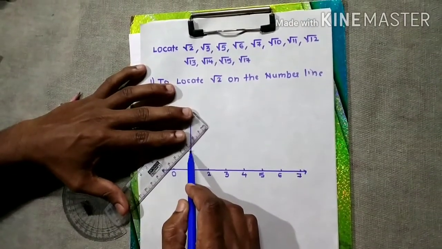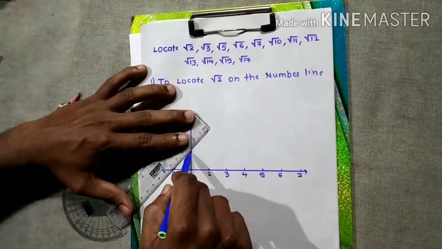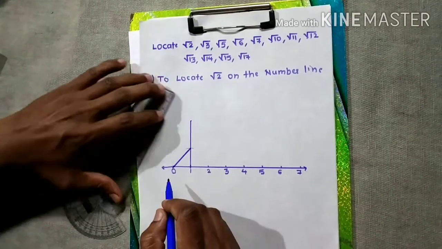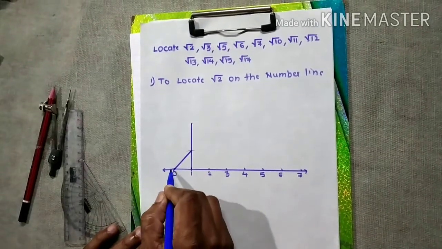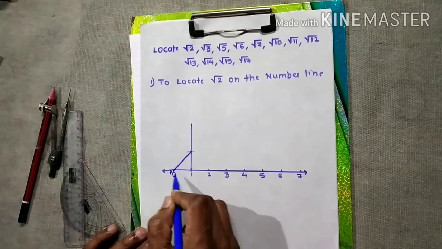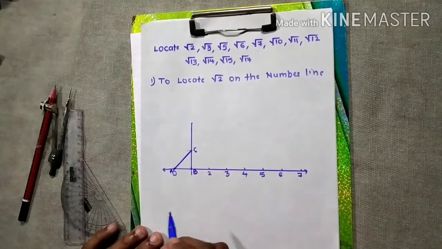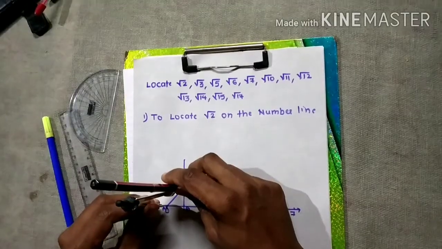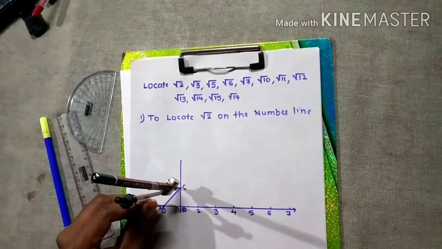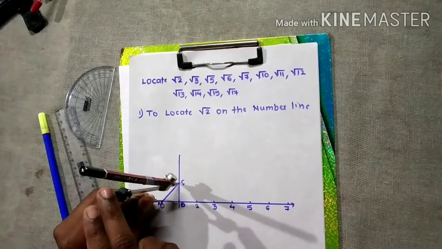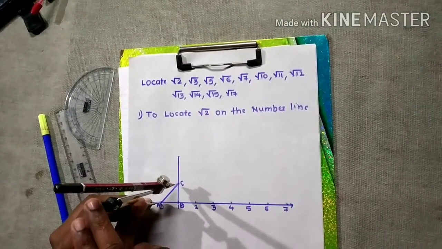Then you have to join these 2 points. So let us give names for this. This is A, this is B, and this is C. Now let us take this distance AC.